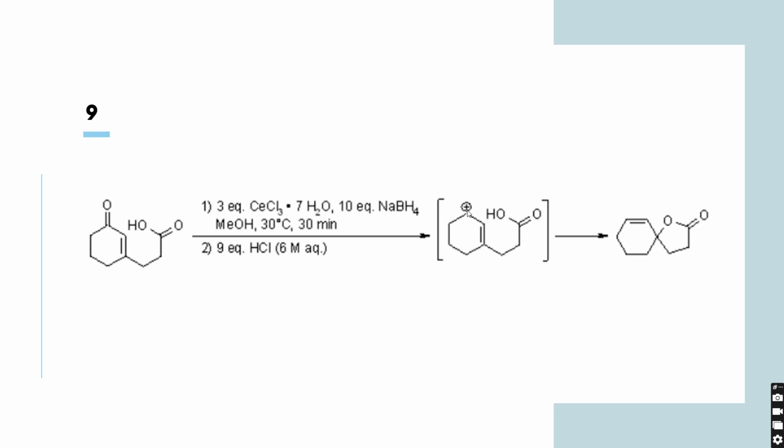Now you have a possibility of forming a 5-member ring using this carboxylic acid which is in a very near periphery. So this double bond reacts with this double bond and this double bond will shift to the carbocation to neutralize it.